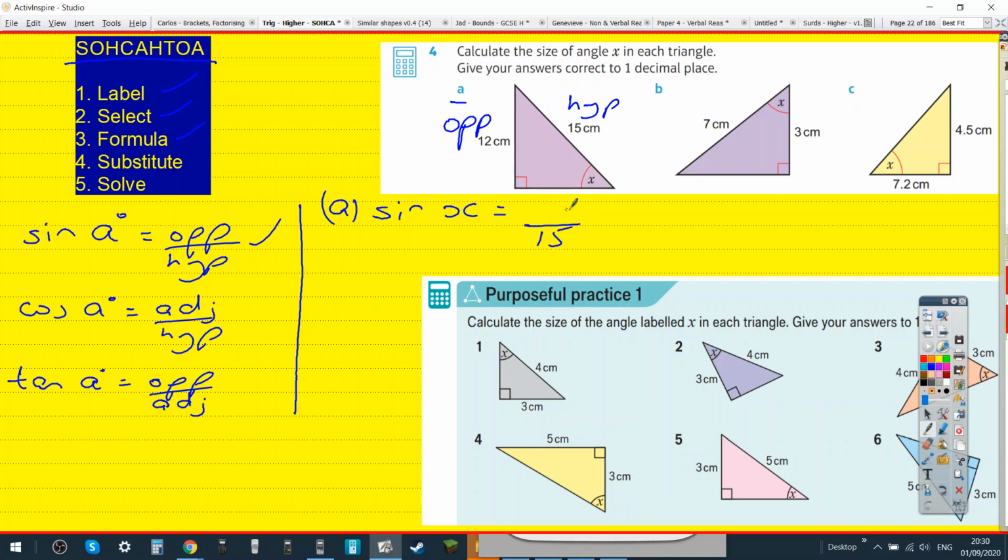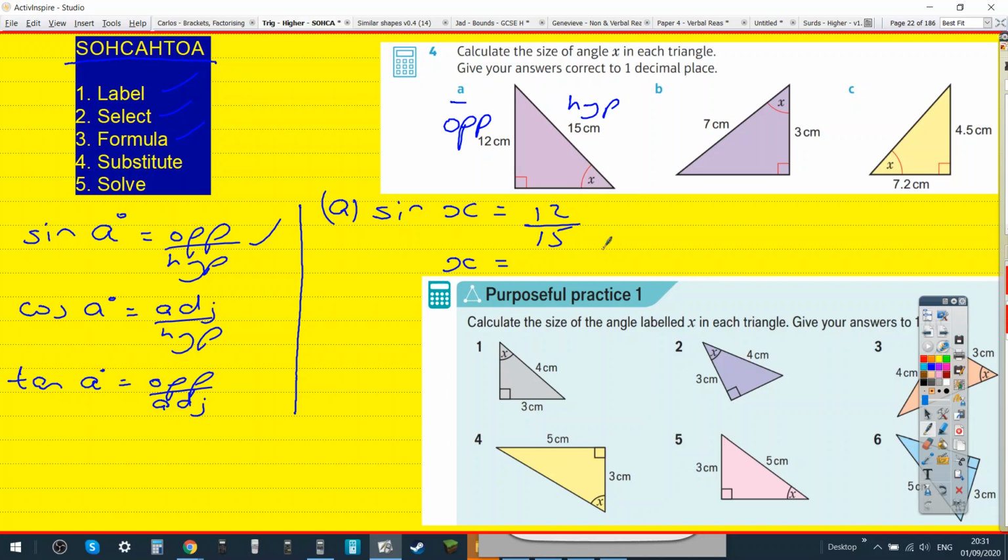And the opposite is 12. And so sine x is equal to 12 over 15. And so how do you get the angle x? You need to get rid of sine.